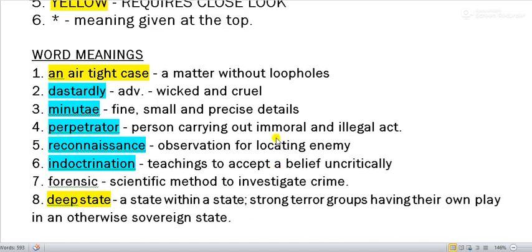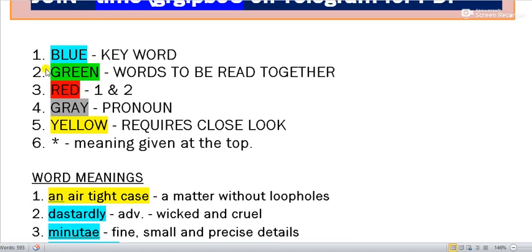So these are the color codes. The blue are the keywords, important words you must go through in the passage so that you are able to answer the questions related to the passage. Then the green code is for the words that you must read together.